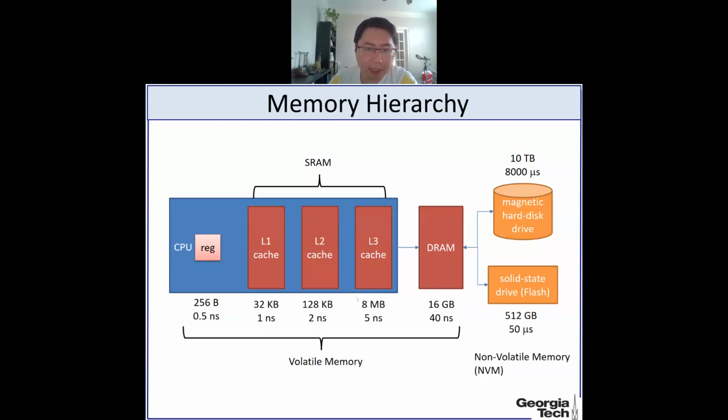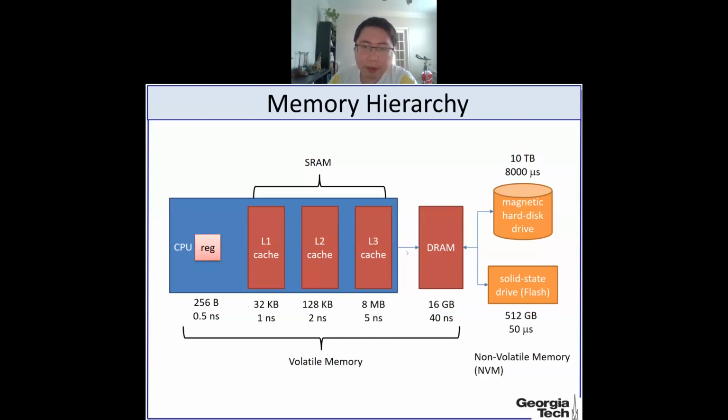As you increase the capacity, the speed will become slower, or the access latency will become larger. For example, L1 cache 1 nanosecond, L2 cache 2 nanoseconds, L3 cache 5 nanoseconds. So you see the trade-off between the capacity and the latency. Those are the caches.